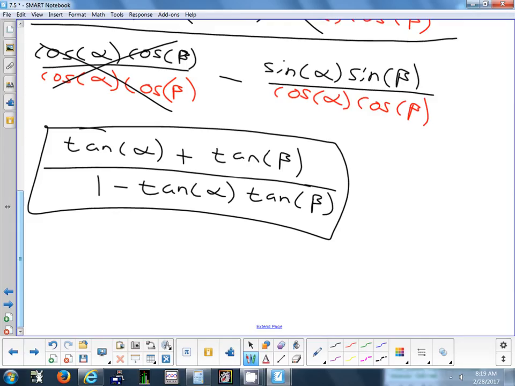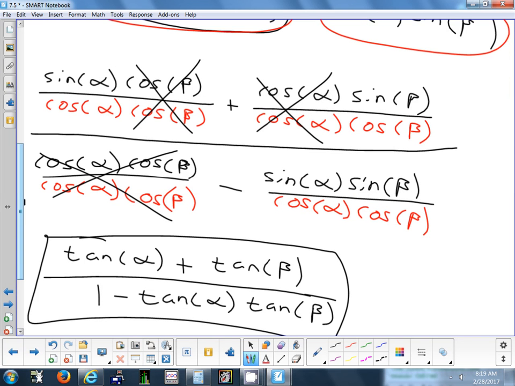A little tricky to figure out. Once you know what to divide by, what I put in red, it's not too bad. But to figure that part out, that's a little tricky. But I'm just trying to show you, all these identities come from the more basic sine and cosine ones. Any questions on that one?